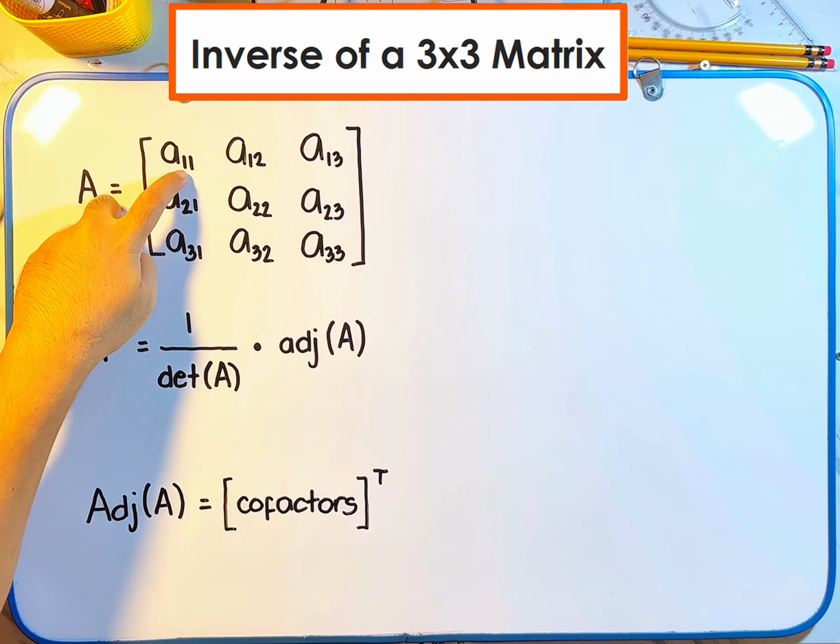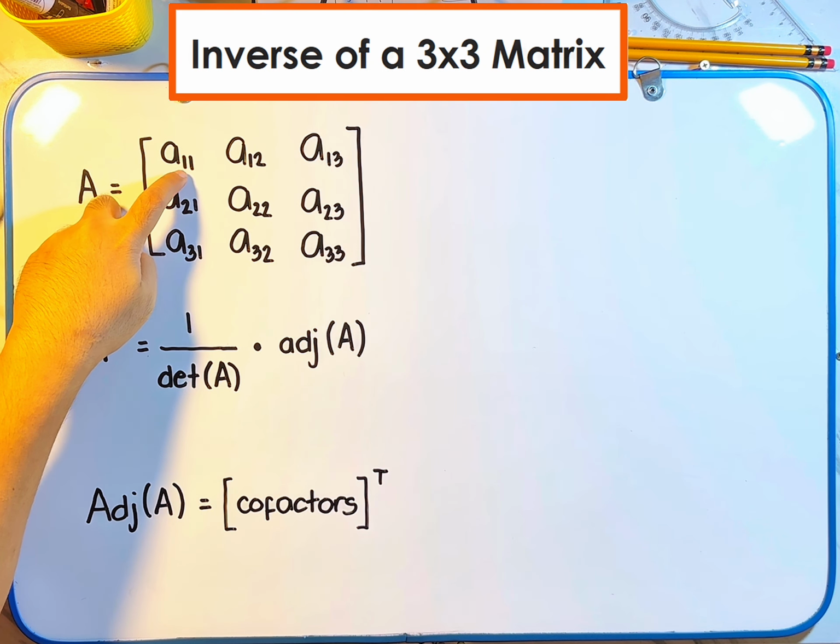Next, the minor of the element in the second row, first column, is the determinant of the remaining 4 elements. 0 times 1 is 0. 1 times 2 is 2. So 0 minus 2 is negative 2. Next, the minor of the element in the third row, first column, is the determinant of these 4 elements. So 0 times negative 2 is 0. Minus 0 times 2 is still 0. So we have 0 over here.